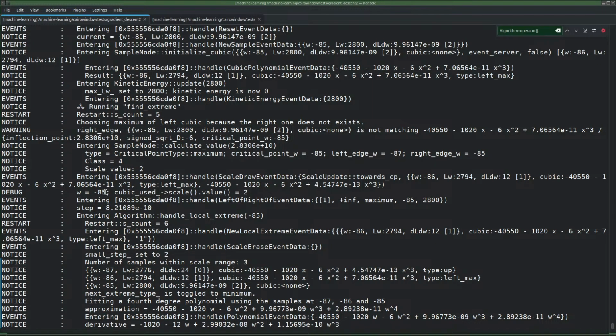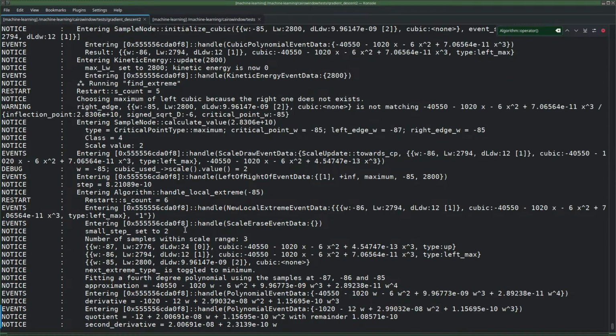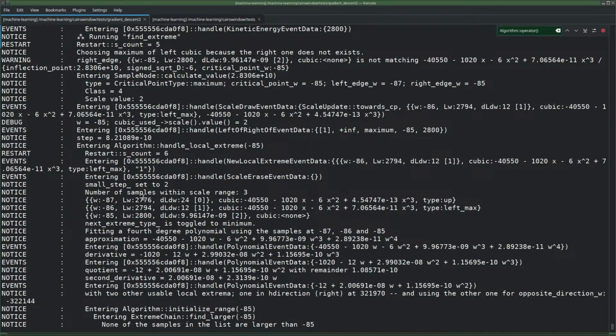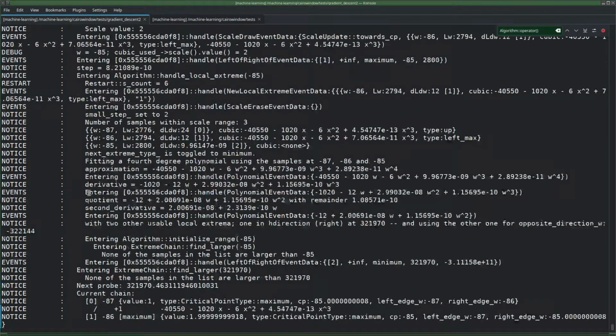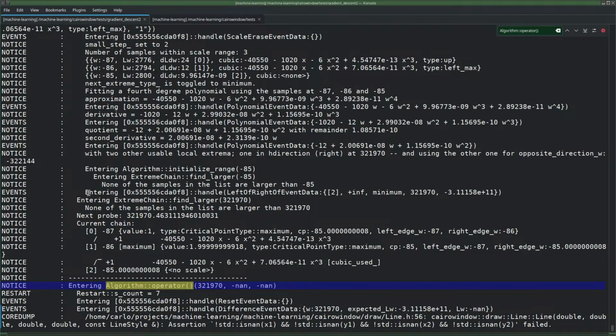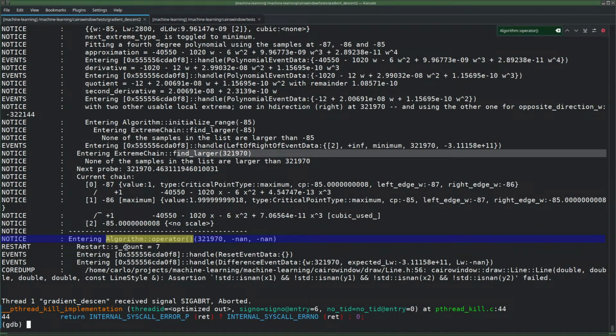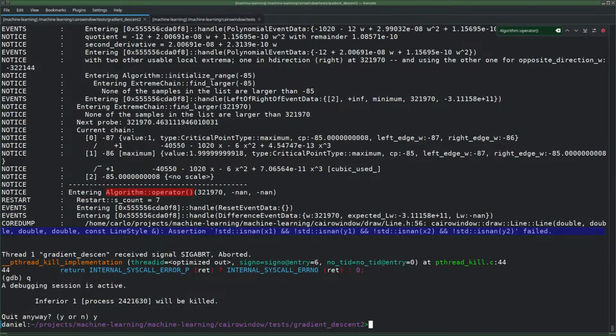Because it just was called with that. Therefore, it immediately stops. Does the handle local extreme with the minus 85, and then you do the find larger on that super big thing, but that doesn't really matter. Okay, quit, yes.